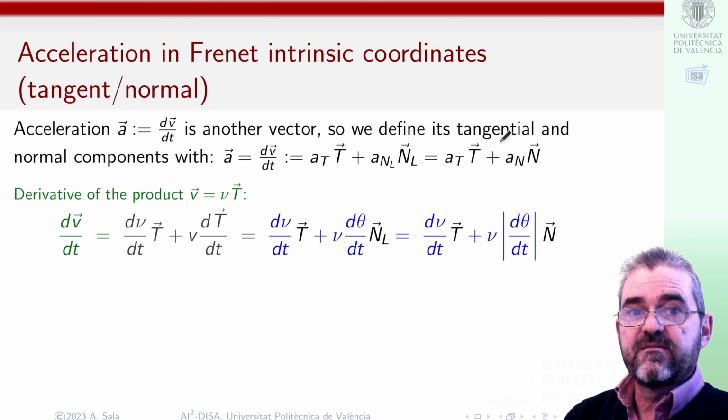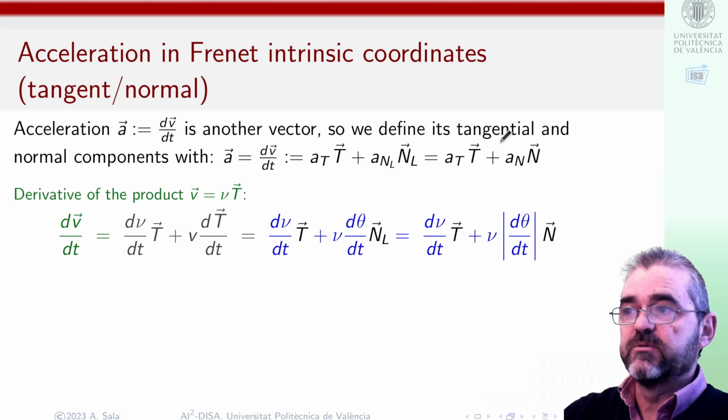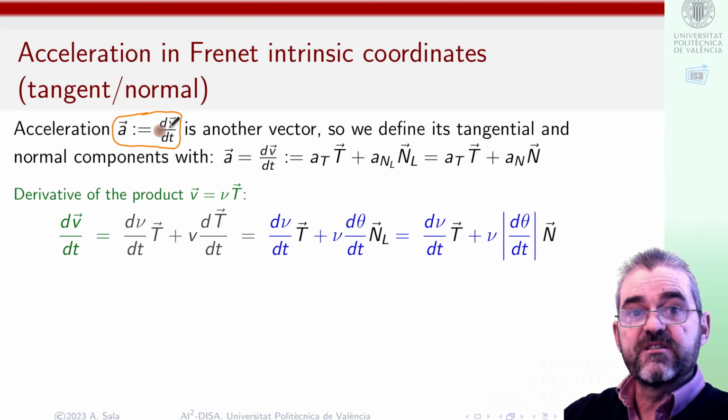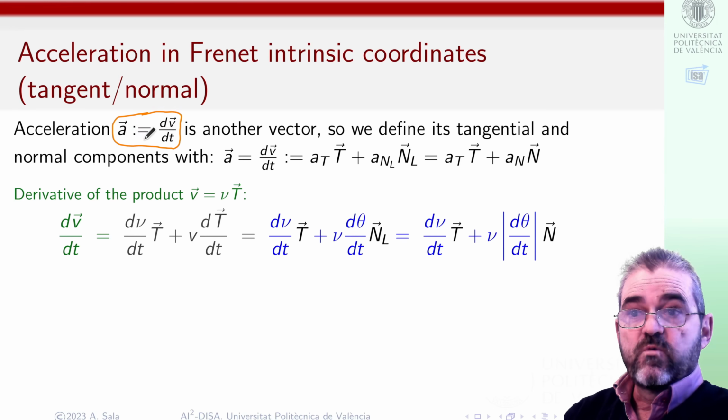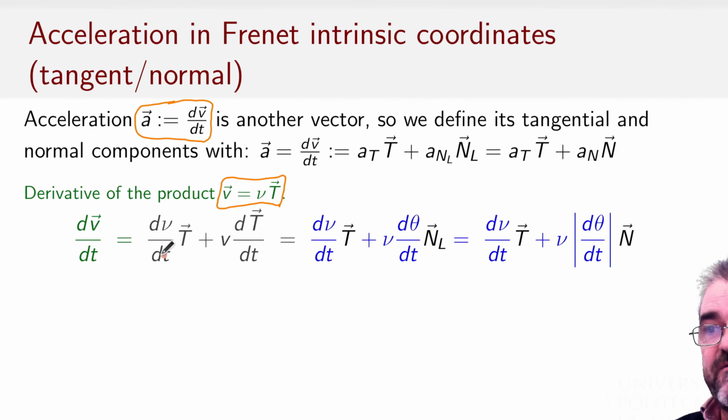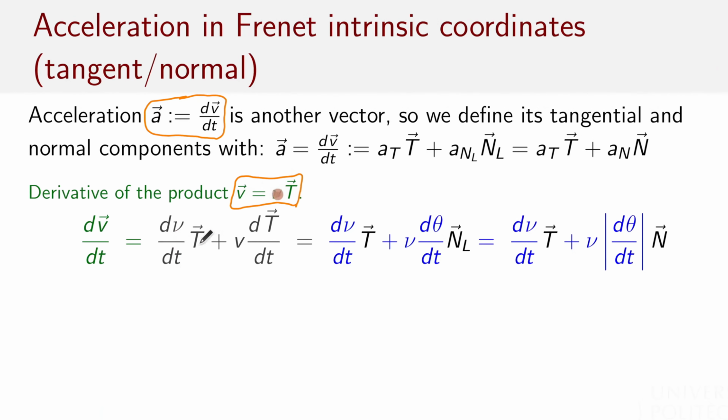So once we have defined our intrinsic reference frame, if we are doing dynamics, forces, we need accelerations. So we will define acceleration as the time derivative of the velocity vector. And of course, that will also be a vector. And we will compute the time derivative of this product using the product rule. The derivative of the first term, nu, times vector t, plus nu, sorry for the erratum, times the derivative of vector t.